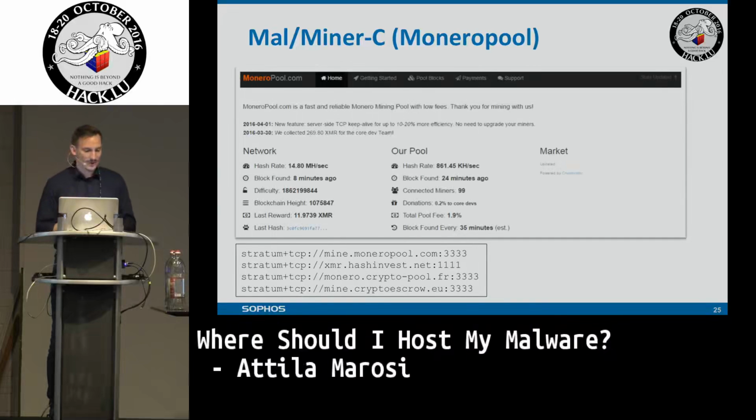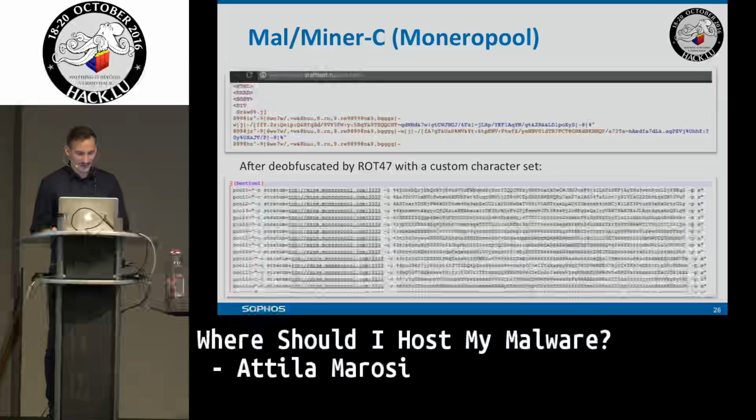But in this situation, the miner used a Monero pool, and if you have the hash for the miner, you can get the details of the results: how much money was paid, what the hash rate is. So it makes it much more interesting.